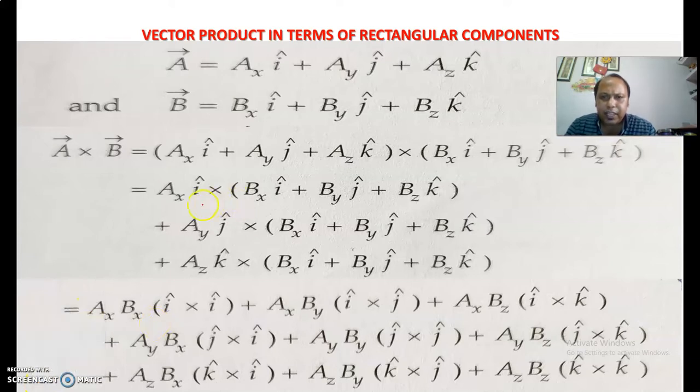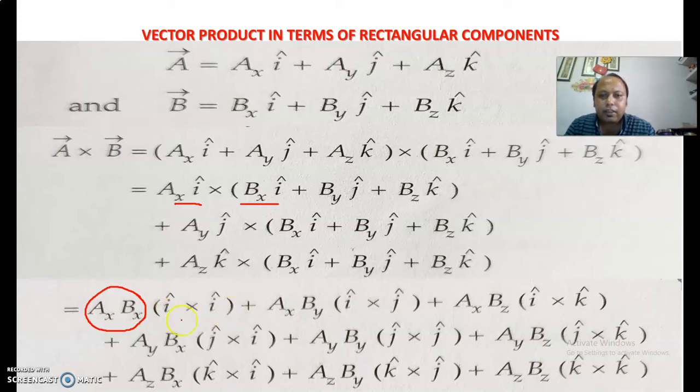In the first term we are taking the cross product of these two quantities. So ax bx are the numerical values, so they are multiplied here, and then i cap cross i cap.